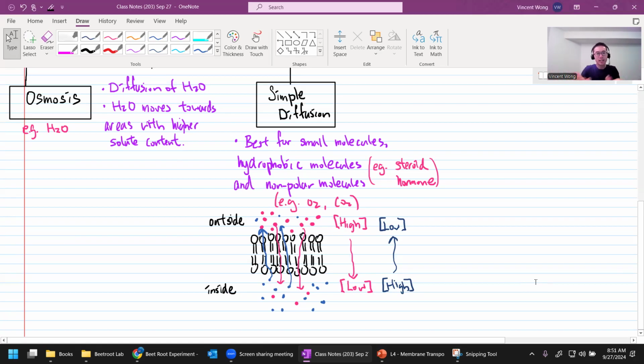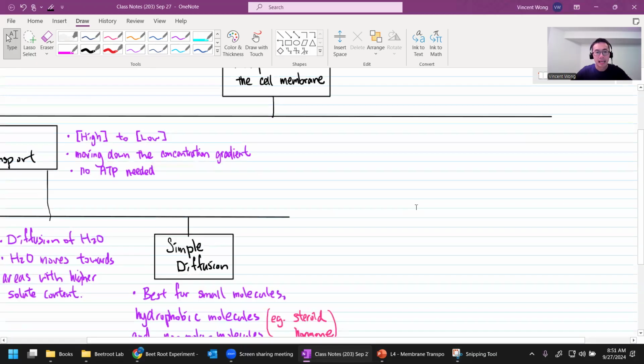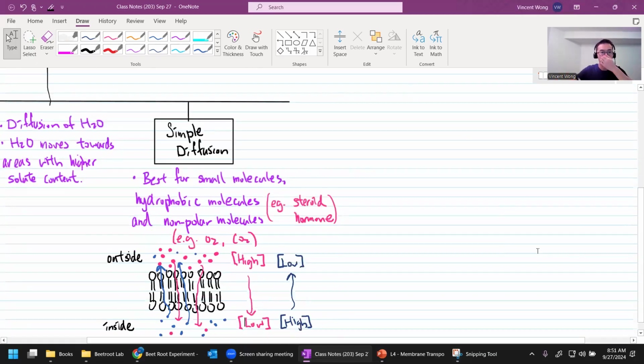We already learned these things. Simple diffusion and osmosis we learned on Wednesday. We're just putting them under the category of passive transport because passive transport just happens spontaneously and doesn't require ATP. So let's see what other type of transport we have.